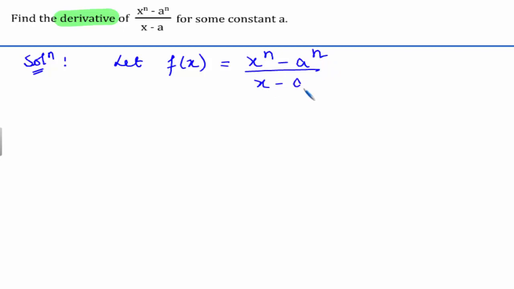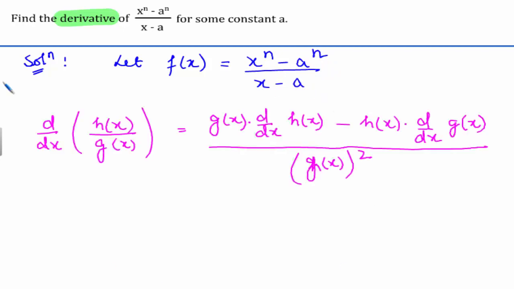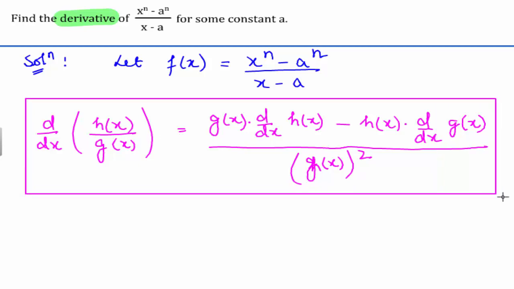Now we know that derivative of the quotient of two functions is given by the shown quotient rule. Therefore, applying this quotient rule to fx, we have to find the derivative of fx with respect to x. So first we have x minus a.